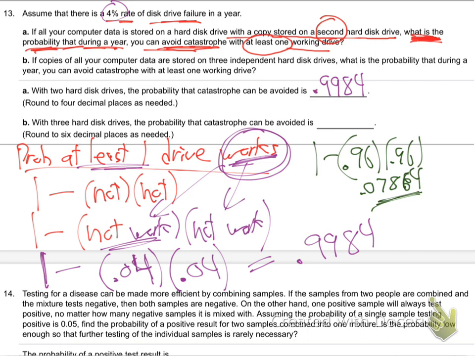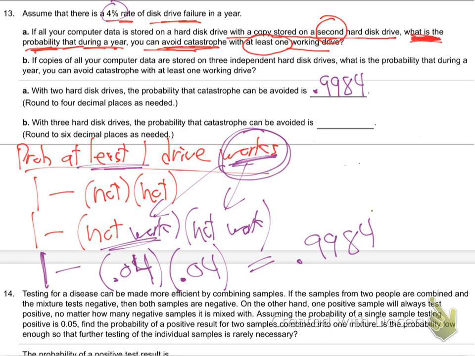There can't be only an 8% chance you're going to make it through the year. You got 2 disk drives that only have a 4% chance of failing. You're telling me there's only an 8% chance you're going to make it through the year? You know that's not true, huh? Keep your sensibilities about you. What's the chance it wouldn't work, right? Well, no, we're calculating the chance that. Oh, what is that? Yeah. The chance it wouldn't work, 1 minus that number.